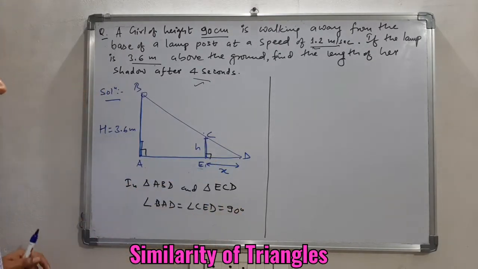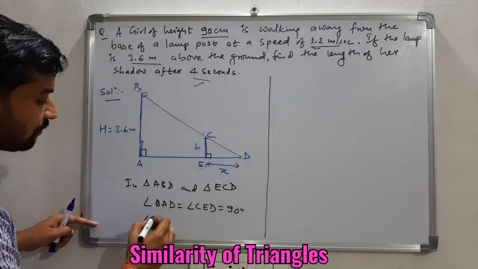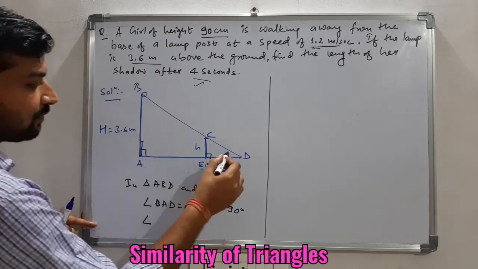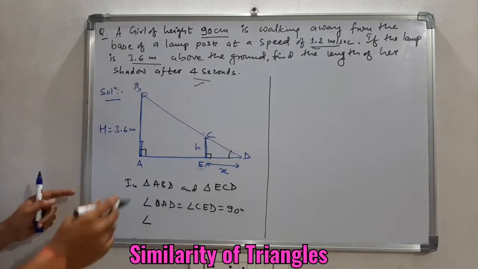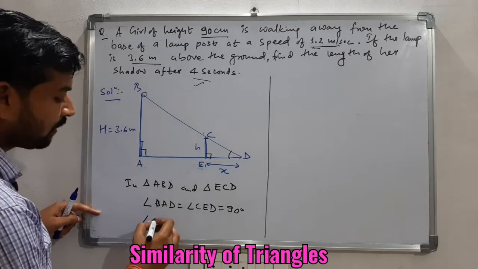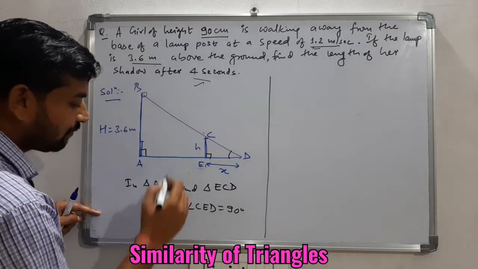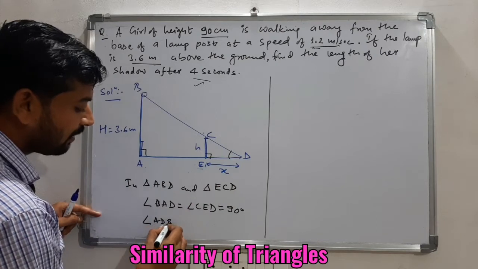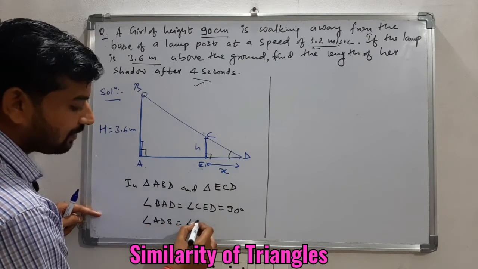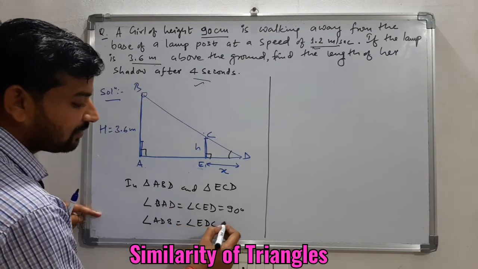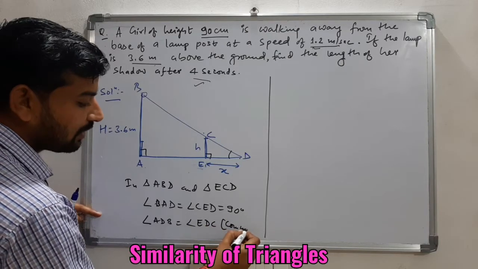So these two angles are 90 degree. Now we have to consider one more angle, which is D, and this angle is common to both the triangles. So for the bigger one it is ADB, and for the smaller one it is EDC. This is common in both the triangles.